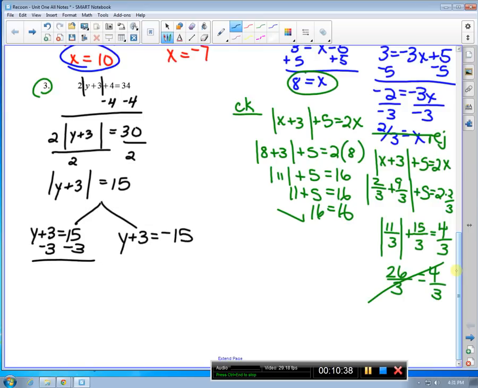This one's a little easier to solve. And of course we have to check.